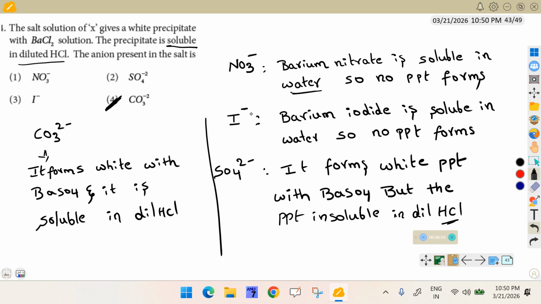I minus is soluble in water, no precipitate with BaCl2 solution or HCl solution. SO4 2 minus forms white precipitate BaSO4, but this precipitate is insoluble in dilute HCl. CO3 2 minus forms white precipitate and it is soluble in dilute HCl.